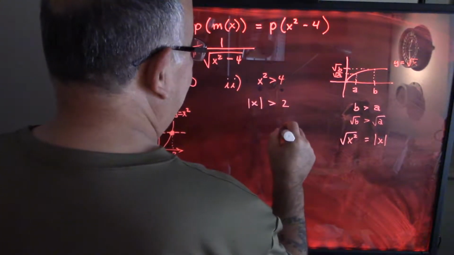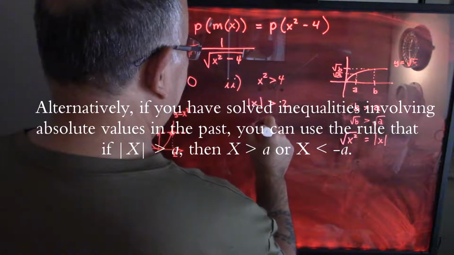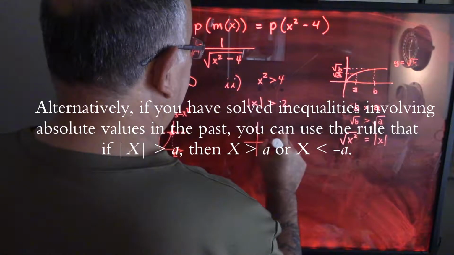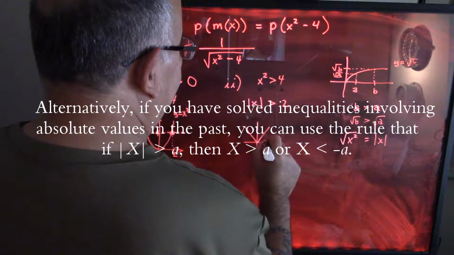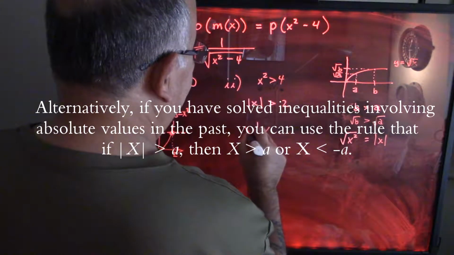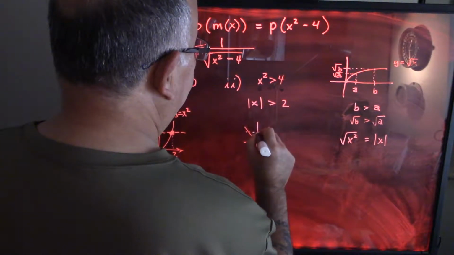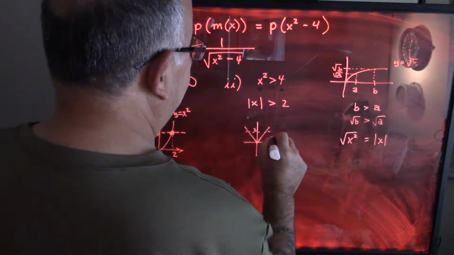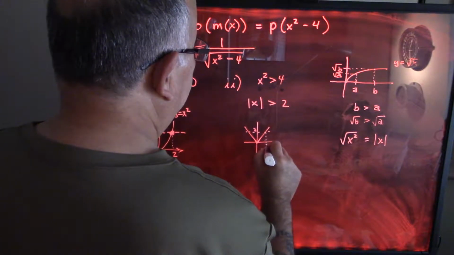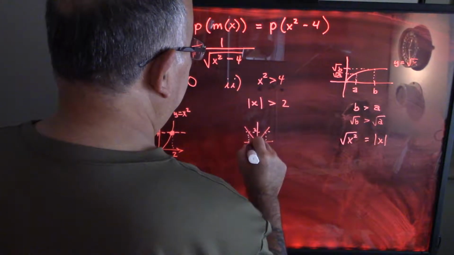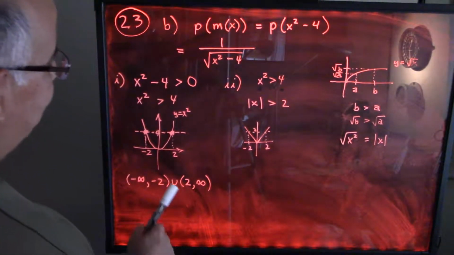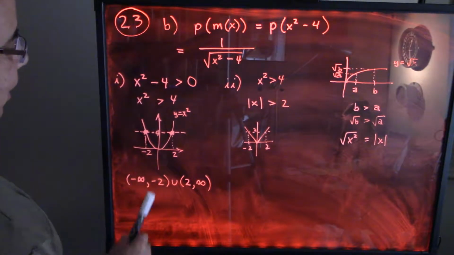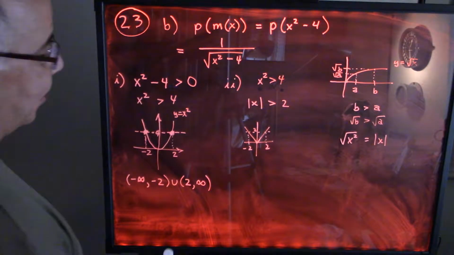Well, now you can go back to the graphic method. What's the absolute value of x look like? A v. And where is it greater than, let's see, here's 2. 2 on the y-axis, all right? There's 2, and there's -2. So we basically have a similar situation that we did here, and we're going to get the same result.